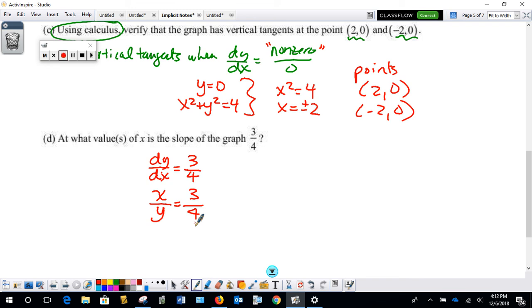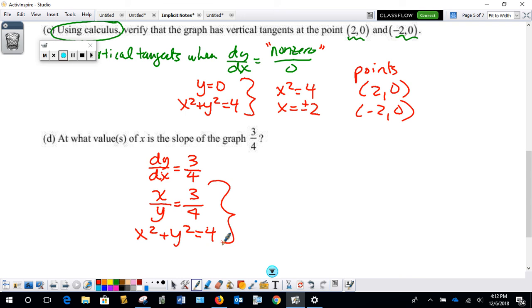But remember, I told you that this is always a system. x could be 9 and y could be 12. And this is still true, right? So you have an equation and you have 2 variables. You need to bring back your equation, and that is the system that you need to solve.